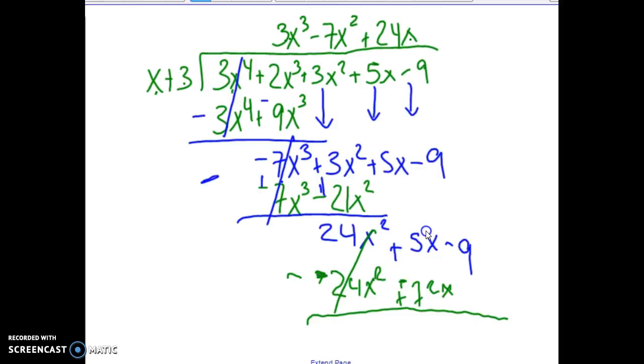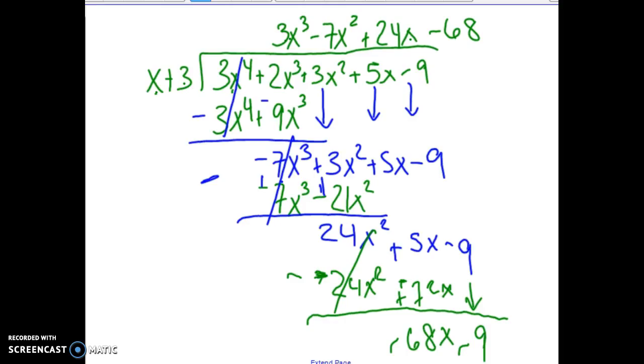My apologies for skipping that step. So these cancel, and I end up with negative 68x, bring it down, minus 9. So now I have minus 68. I do some god-awful division here. Multiplication.